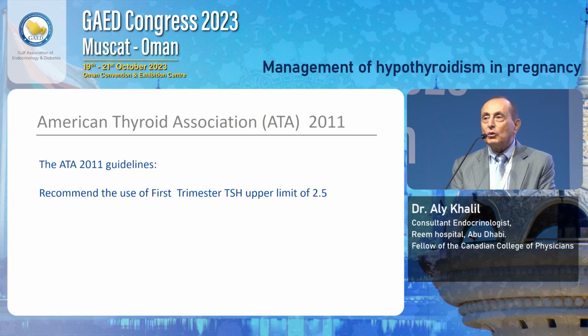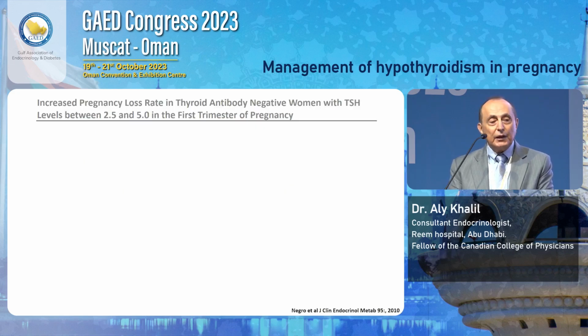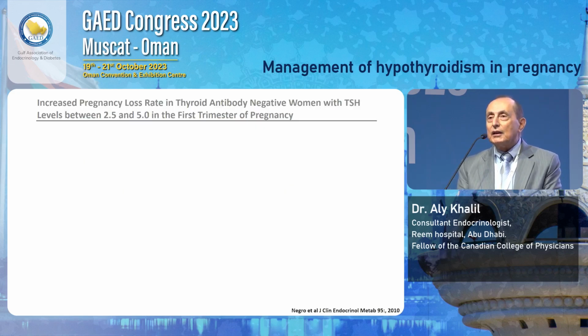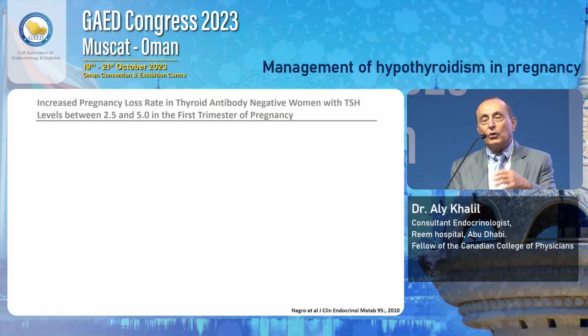Okay, and this was based on the initial studies done by Negro and his group. The initial one, he had it in 2006, where he looked at the impact of thyroid antibodies on patients treated with T4 and untreated with T4, and on adverse pregnancy outcomes like miscarriages and premature deliveries.